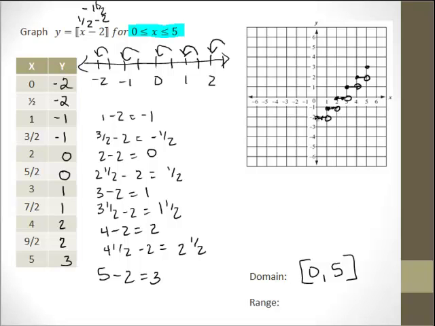And the range is simply the set that includes -2, -1, 0, 1, 2, and 3. You can see that here, -2, -1, 0, 1, 2, and 3. Now we have the domain and range for a limited domain greatest integer function.